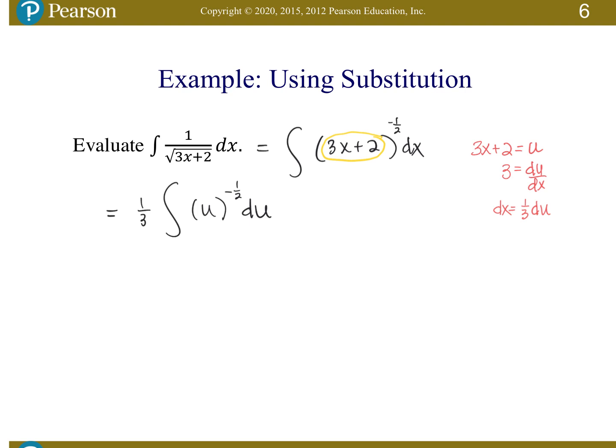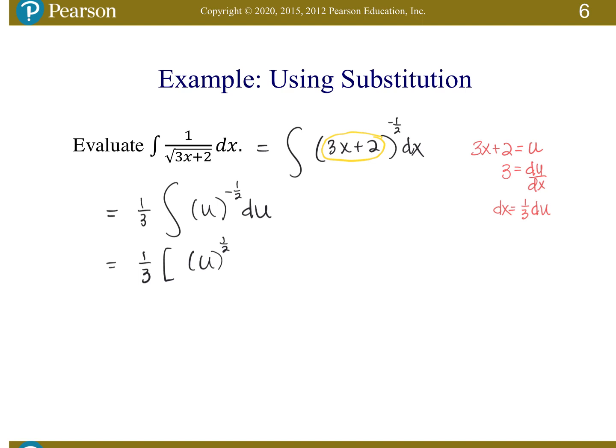Anything we can do to simplify this problem? So then we're ready for an antiderivative. So that would be 1/3. The antiderivative becomes u to the positive 1/2. And then what do I have to remember to do with that positive 1/2?